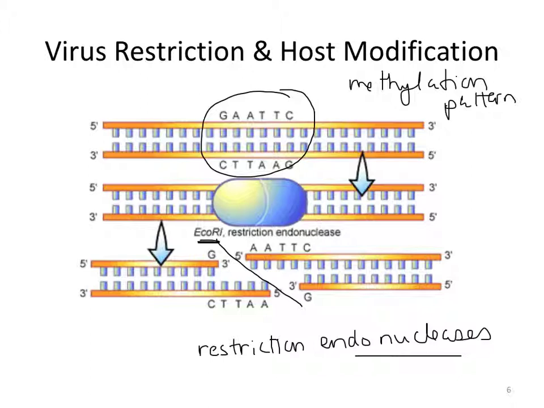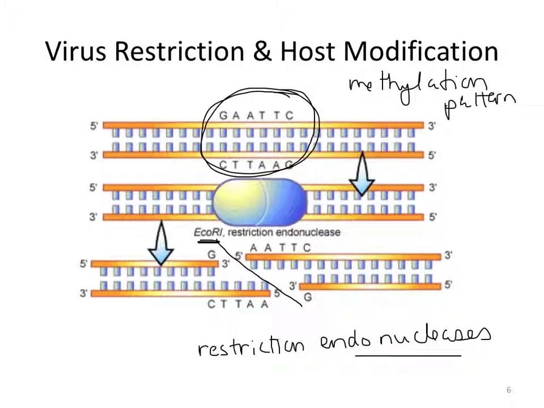And so the EcoR1 restriction endonuclease and other endonuclease enzymes are able to identify these sites only in viral DNA. And when they identify those sites, they will bind to them and they will cleave it, and that will destroy the viral genome, which will protect the host cell against viral attack.